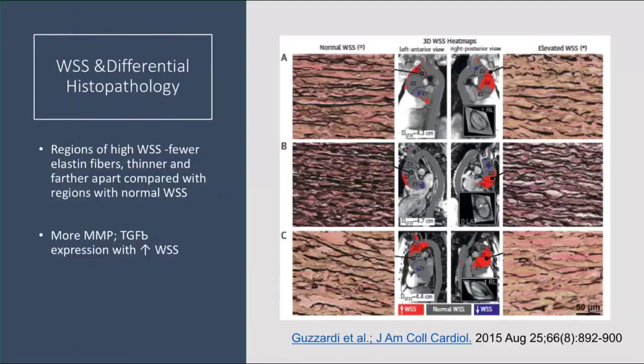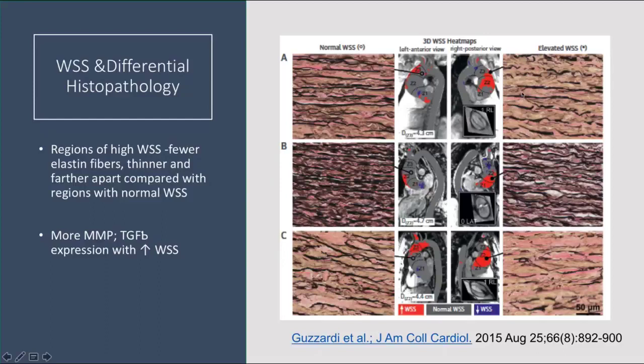So Guzzardi and colleagues took this one step further, and what they did was they took individuals who were going to get an aortic repair or an aortic surgery, and they looked at the wall shear stress and took tissue samples in areas where there was normal wall shear stress and in areas where there was elevated wall shear stress. And what they found was that regions of high wall shear stress had fewer elastin fibers. You can kind of see this here.